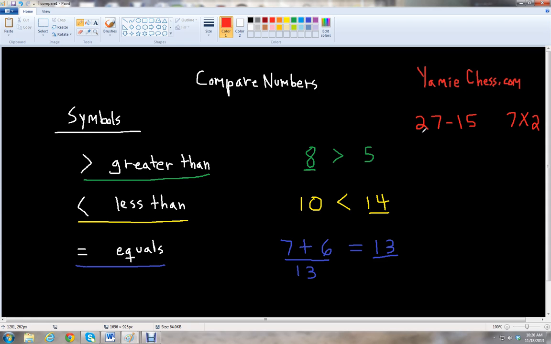So we have our two quantities: 27 minus 15 and 7 times 2.